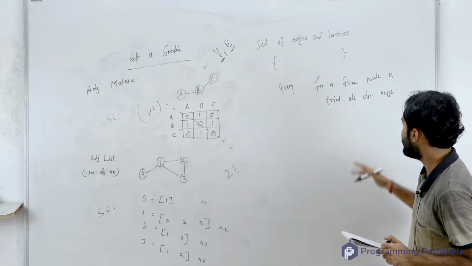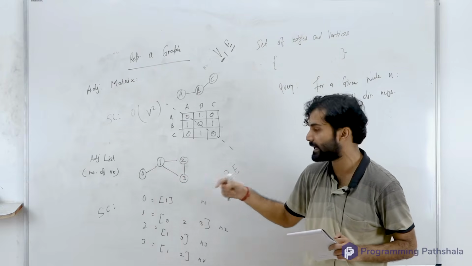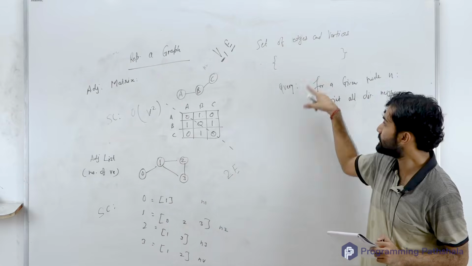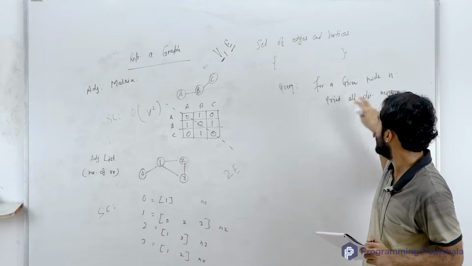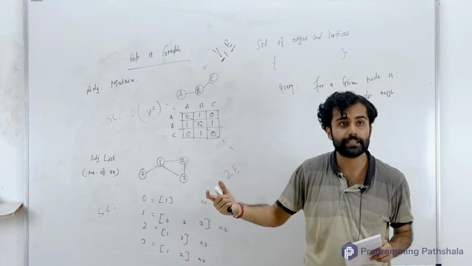For example, for node 1, I have to print 0, 2 and 3, because all these are direct neighbors. For 3, 1 and 2 are direct neighbors. If this is the kind of query you have to entertain, where for every node you have to print all the direct neighbors, which representation will make more sense?